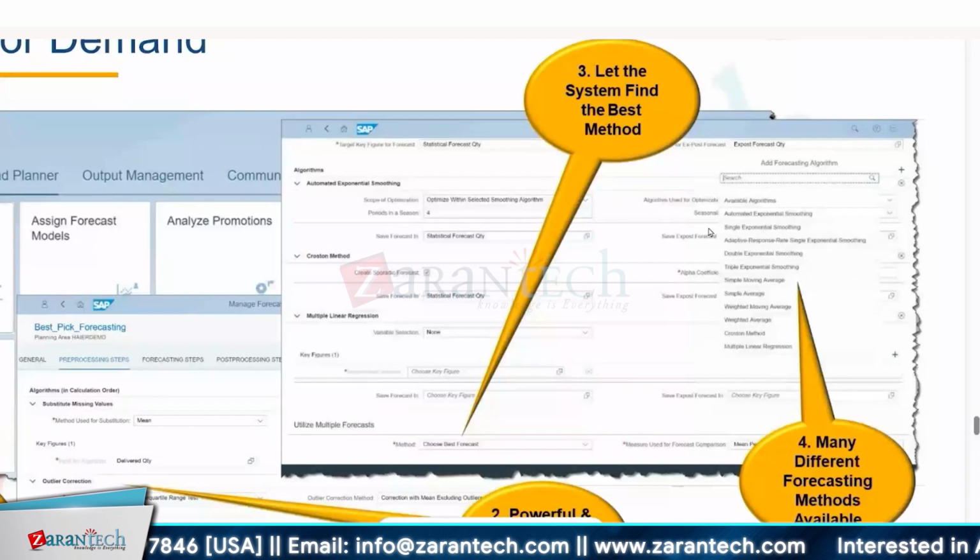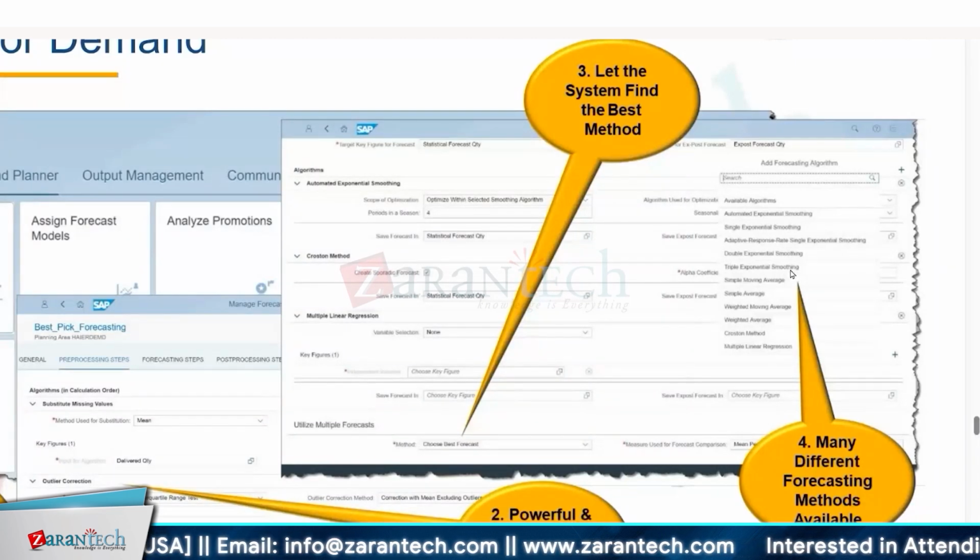The system will run, for example, triple exponential smoothing, and it will check the projected forecast accuracy result. For example, this will give a result of 80% forecast accuracy. Then the moving average 6 may give a result of 90% forecast accuracy, something like that. Similarly, all these simulations would end up projecting some level of accuracy.